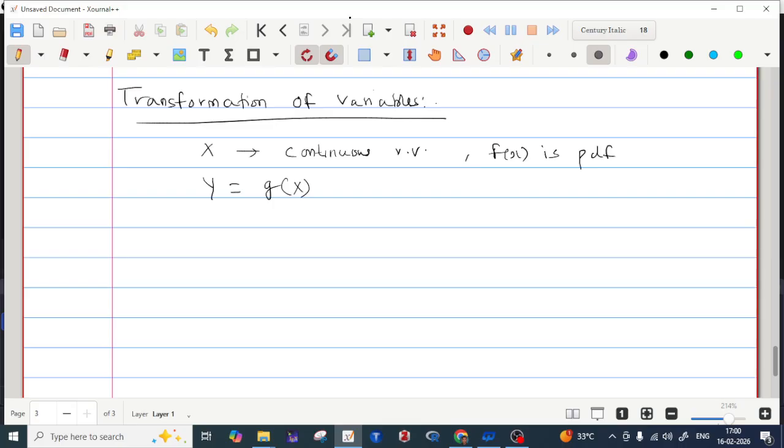There are 3 methods by which we can find out the probability distribution. First one is Jacobian transformation.